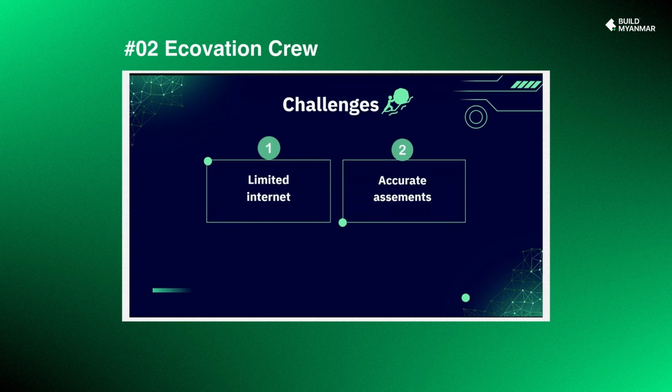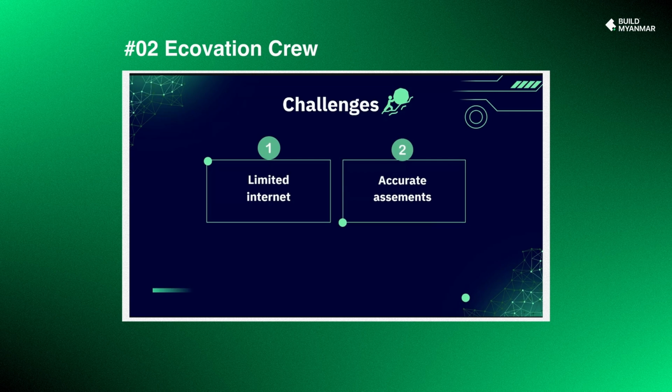Building a solution like Arr Ai is not without its challenges. One of the key obstacles we face is limited internet connectivity, particularly in rural areas. To address it, we are focusing on optimized offline capabilities, ensuring that Arr Ai remains accessible and reliable even when connectivity is limited.